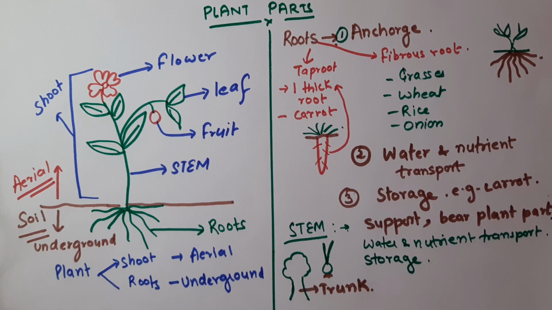So now there are different kinds of stems. Big trees like mango or banyan trees will have a thick and hard trunk. But there are several shrubs, for example rose, that have thin and woody stems. Then there are herbs, like coriander and mint, which have very soft and green stems. There are certain climbers that have very weak stems and need some support to grow.